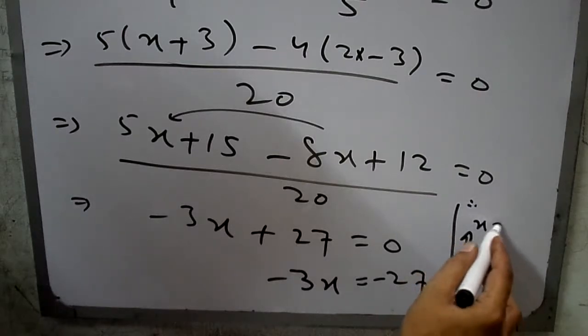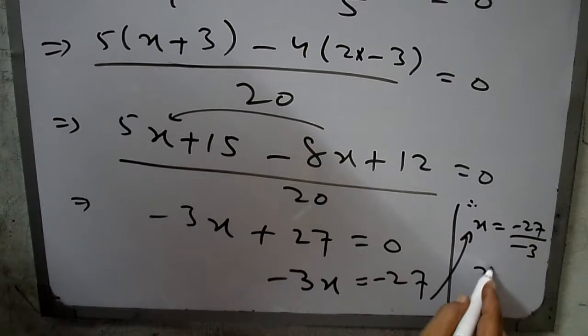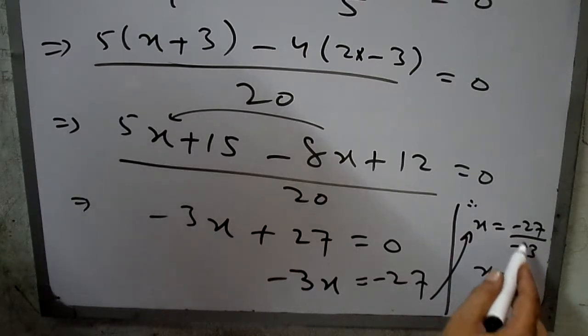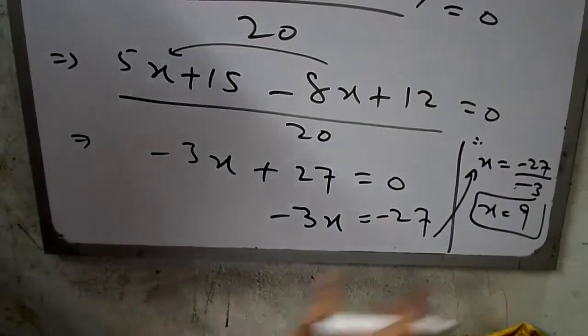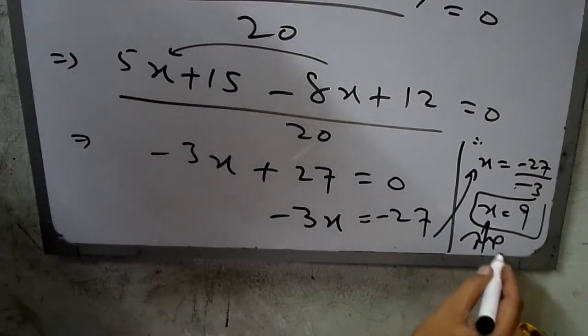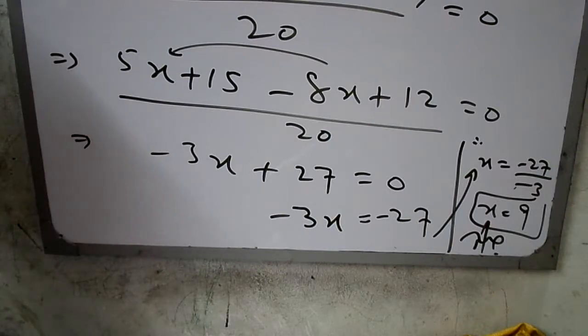Therefore the value of x is equal to minus 27 by minus 3. Minus minus will be cancelled and 9 3s are 27. So the value of x is 9. So here is your result. Now coming to the J part.